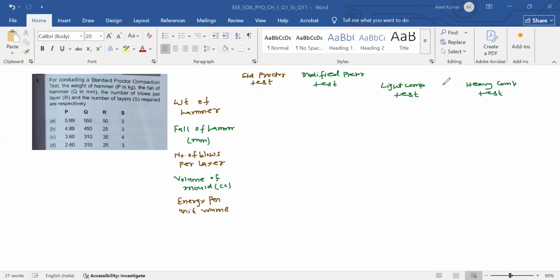And these two tests are the Indian Standard equivalent of the Proctor test.